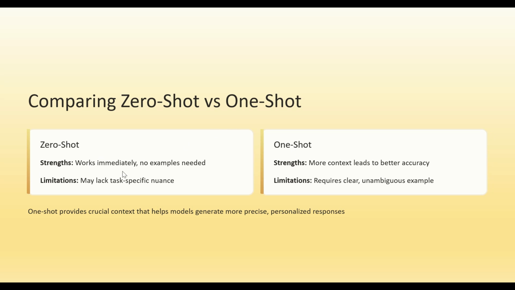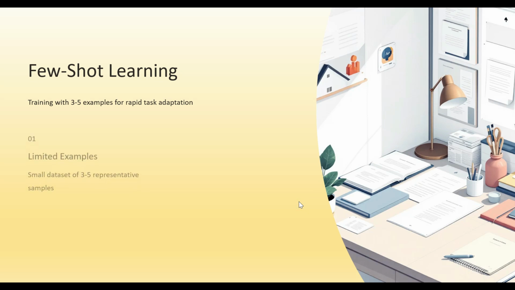The strength of zero shot is it works immediately, no example needed, and for one shot, more context leads to better accuracy. For example, as I said, if you want output in a tabular format, but it is giving it maybe in a list format or some other format, right? So that is where it is helpful.